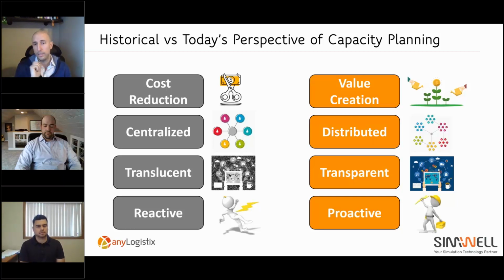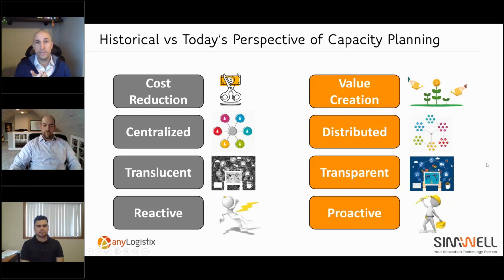Now, especially after the pandemic, we see that the leaders in supply chain are focusing on value creation, identifying opportunities for the supply chain and for the organization. They are relying on a distributed workforce. So a lot of people work from home. They're in different states. They have to coordinate and find ways to collaborate and make it work using their tools, not being constrained in the same building.